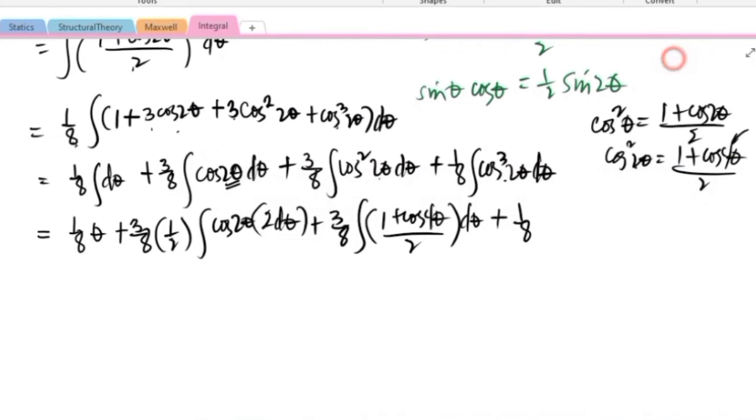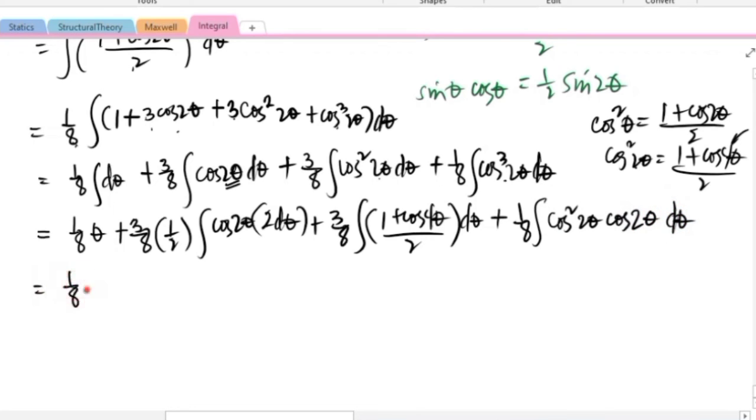So sabi dun sa type 1, we have to factor out the cosine kasi this is cosine cube. So we have here cosine squared of 2 theta cosine 2 theta d theta. Okay, so meron tayong 1/8 theta plus 3 over 16.